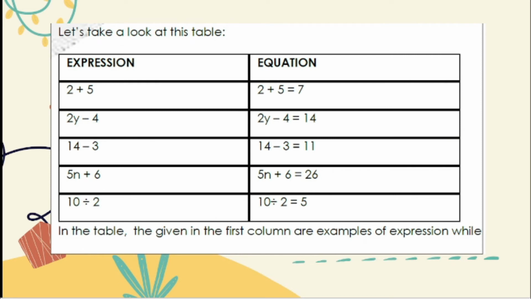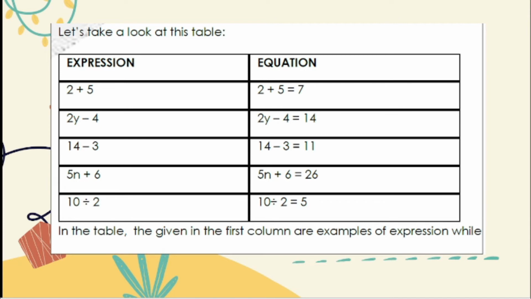So furthermore, let's take a look at this table for you to understand the difference between expressions and equation. So let's compare. 2 plus 5, that is an expression. In equation, 2 plus 5 is equal to 7. Up to 10 divided by 2, in our equation, 10 divided by 2 equals 5.